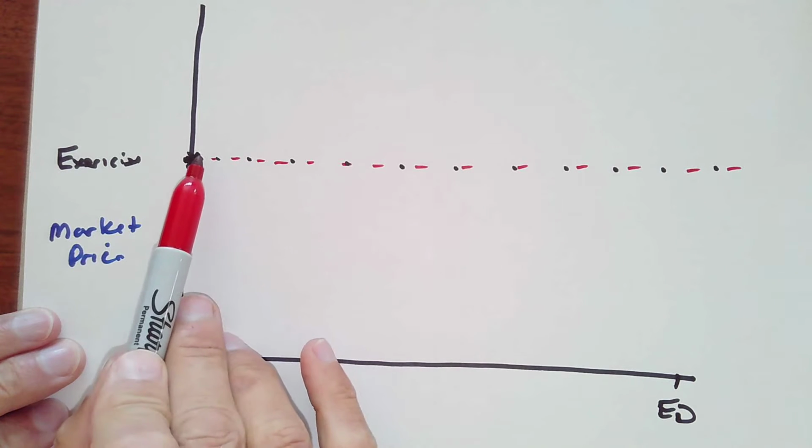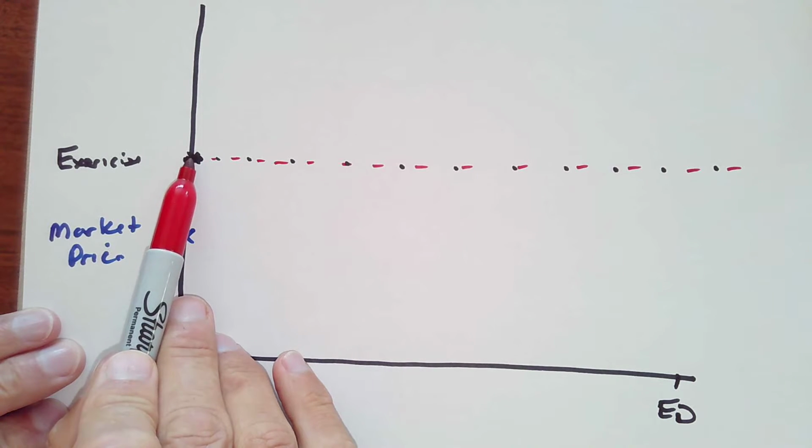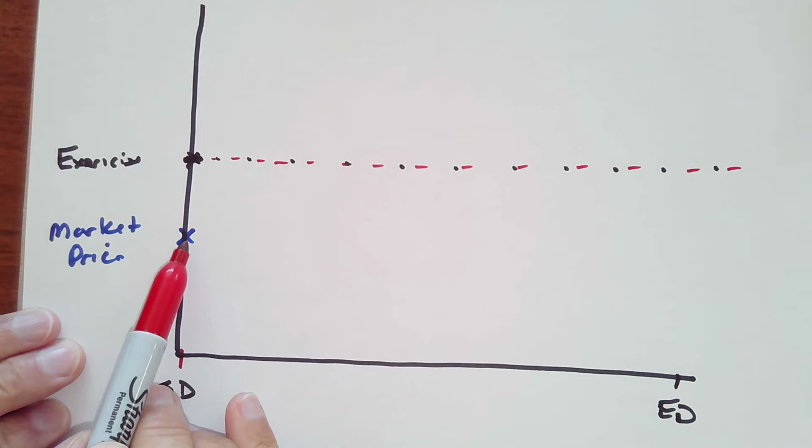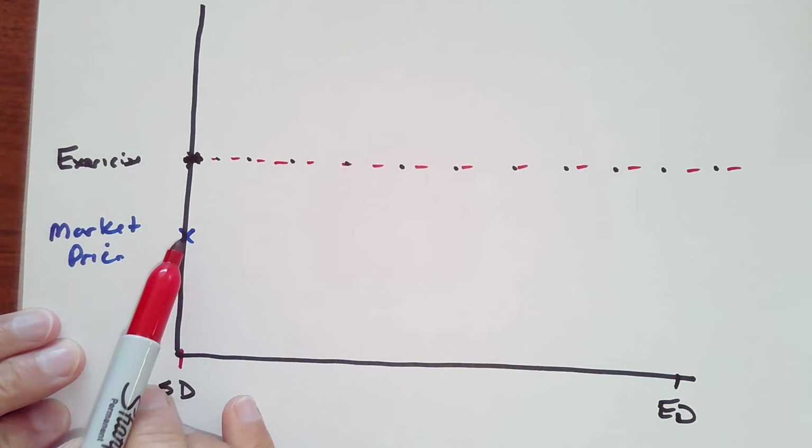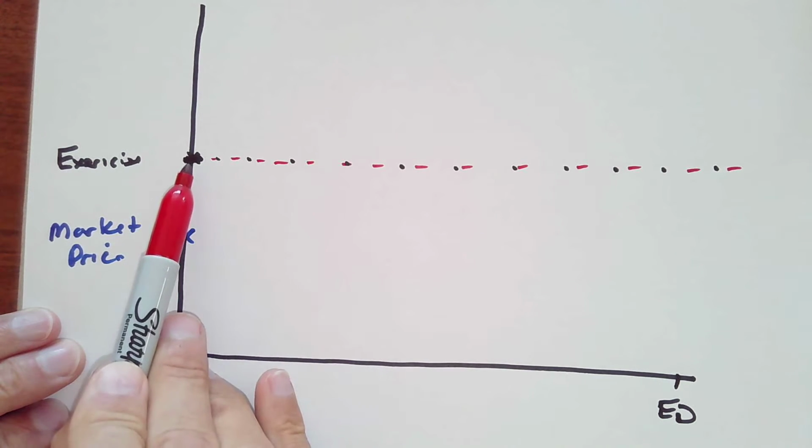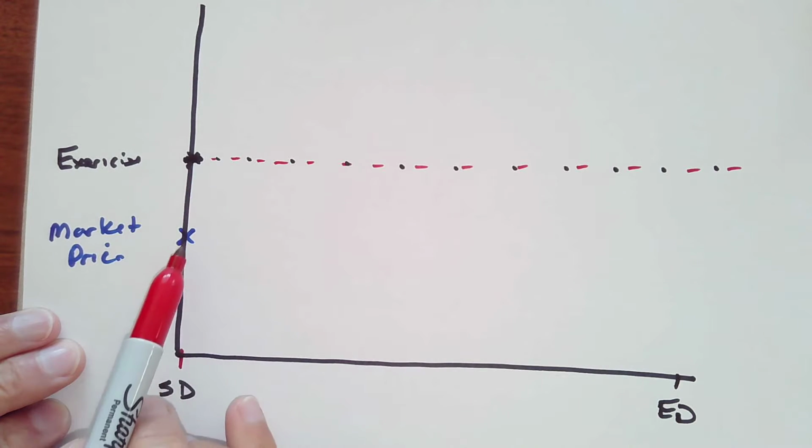Well, I have the right to buy it at a higher price than what the current market is. So the question is, would you exercise this option? And the answer is no, because I can buy it at a lower price right now without exercising the option. So this is an out of the money option.